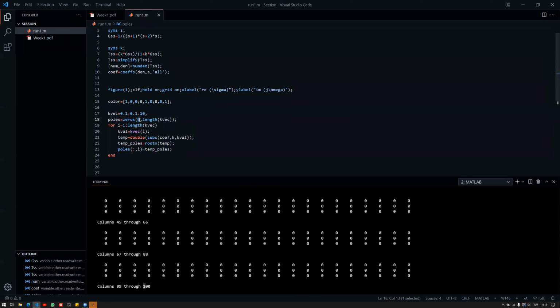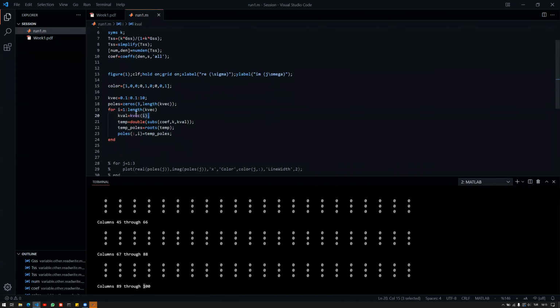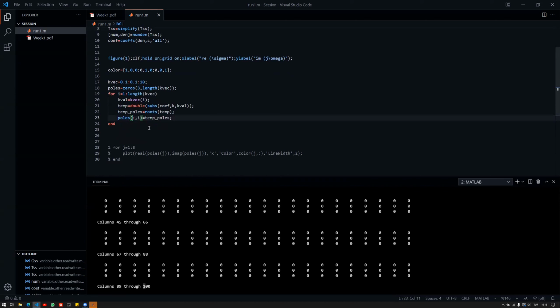So I need 3 rows because each row corresponds to each pole. And I have length kvec columns because each column corresponds to a certain k value. And in this for loop, I'm picking one k value, calculating the poles, and place it to its own position. So you can also place in here 1 up to 3. So this is also possible, but omitting the values gives us the same. So all the possible rows here.